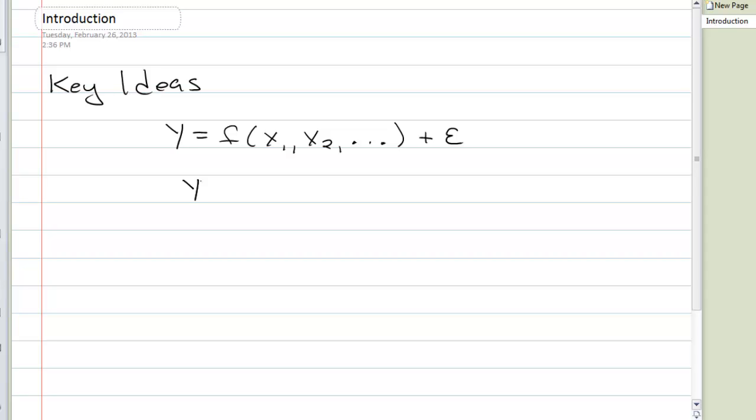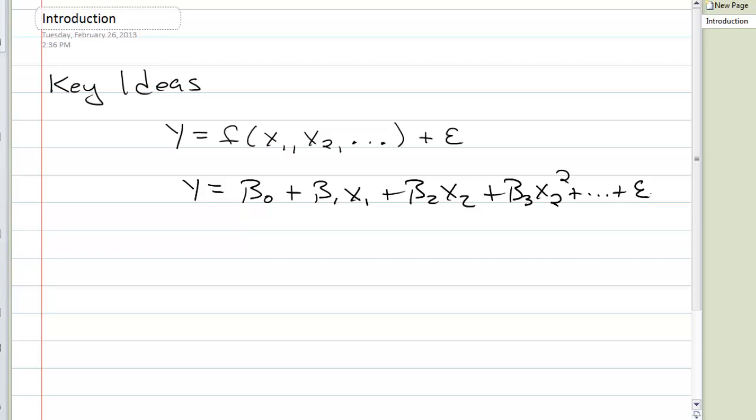For linear regression, the specific form of the function is going to be a linear function. So we have these parameters called beta. So beta naught, plus beta 1 times x1, plus beta 2 times x2. This is just an example. Plus beta 3 times maybe x2 squared, and this could go on and on. And again, I have my error term.